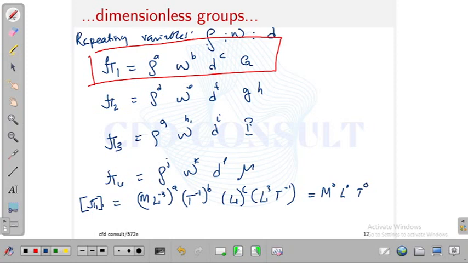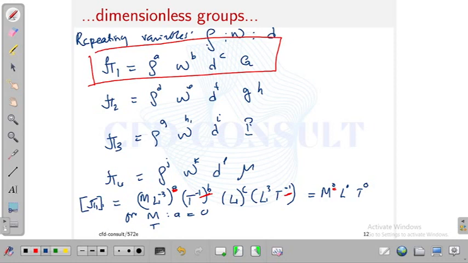And then we look at our analysis here. We can look for each of these. So for M, the dimension that we have for M is a there. Then there's no other value for a, so we'll say that a is equal to 0, because it's just this a, and we have 0 on the right hand side. For T, on the left hand side, we have minus b, and we have minus 1.